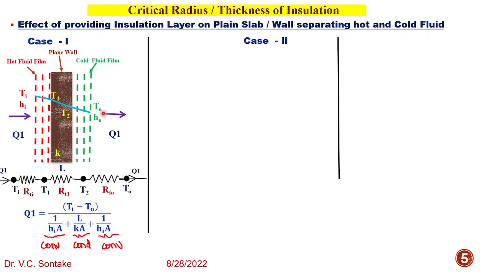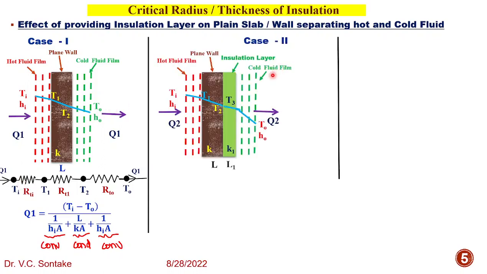Now let us consider case 2. Here the same arrangement is considered as in case 1, with the difference that one insulation layer, shown in the green color, with the thermal conductivity K1 and thickness L1 in the direction of heat transfer is provided between the plain wall and cold fluid.